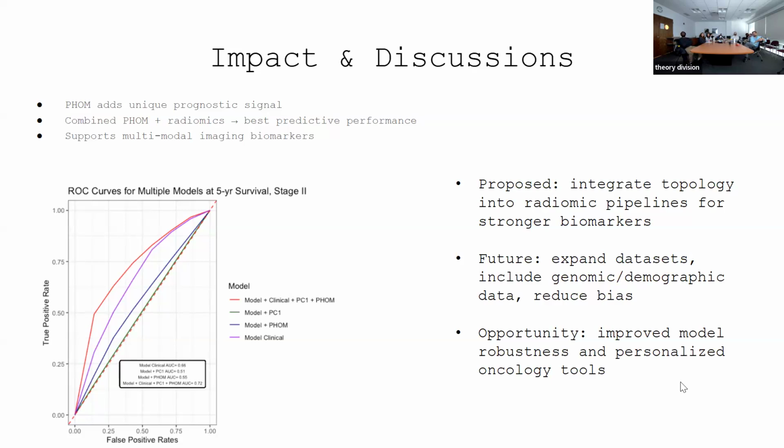As for the opportunity, radiomics is not necessarily used in the clinic but is used for research purposes, and there's an opportunity for improved model robustness and personalized oncology tools. I want to apply this to different cancers. I'm essentially applying this idea to liver cancer and seeing what I can do with that. But that's pretty much what I do with the imaging here.